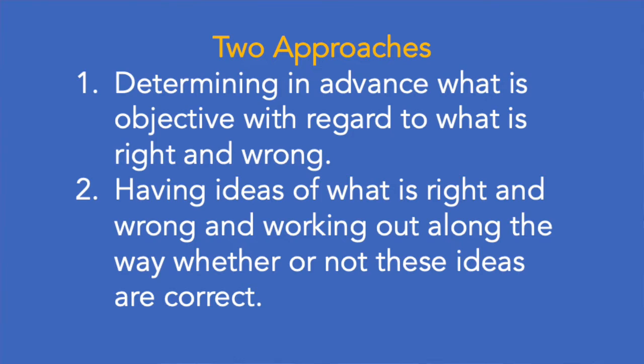It's important to note that both of these approaches agree there is an objective or universal standard of morality, but each of them thinks this standard is reached in different ways, and that's going to be crucial. So if you're the kind of person who likes to have as much information as possible and to be as certain as possible, then you're probably going to gravitate towards the first approach.